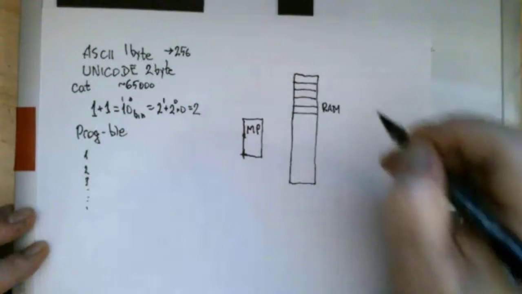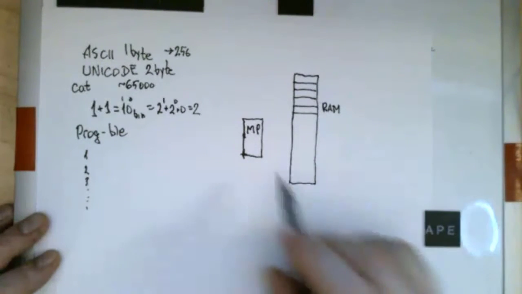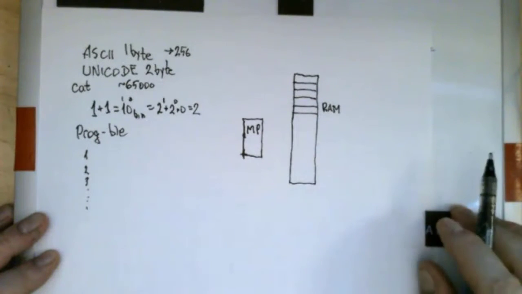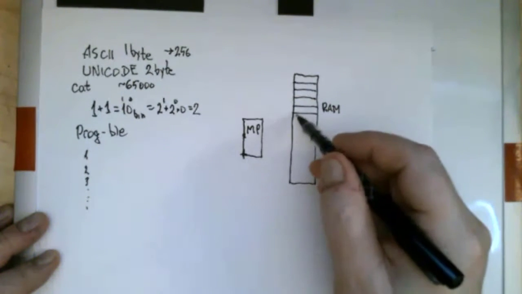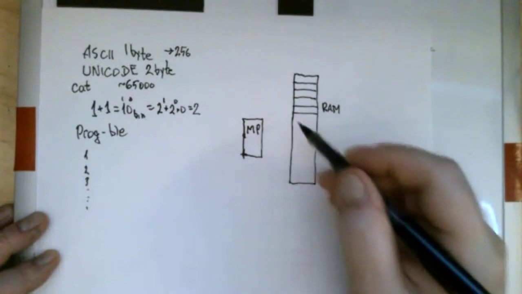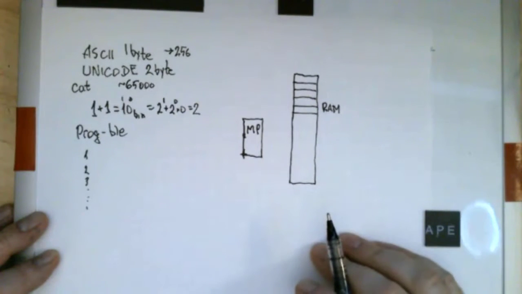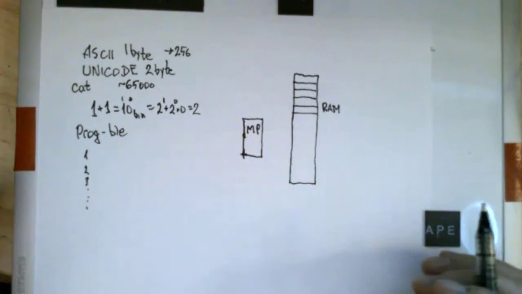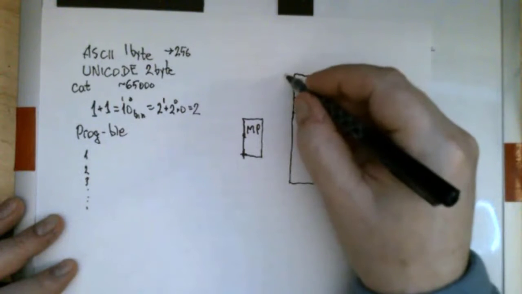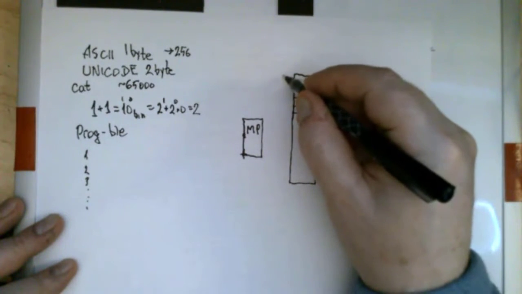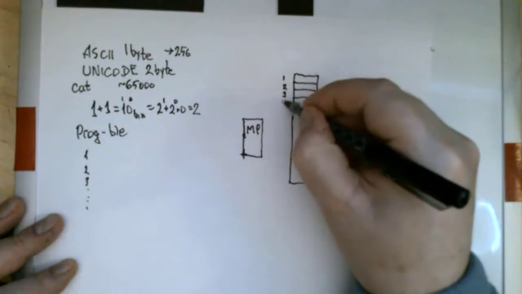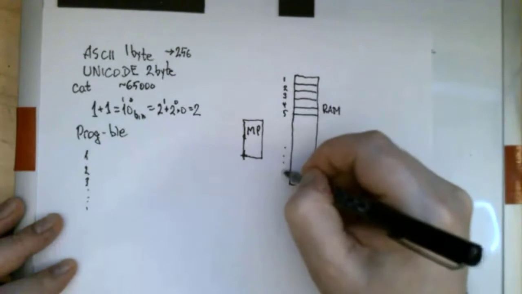Why is it named RAM? Because the microprocessor has the ability to read or record any of these cells randomly. But how is the microprocessor supposed to know the cell number? The cells are supplied with numbers 1, 2, 3, 4, 5, and so on.